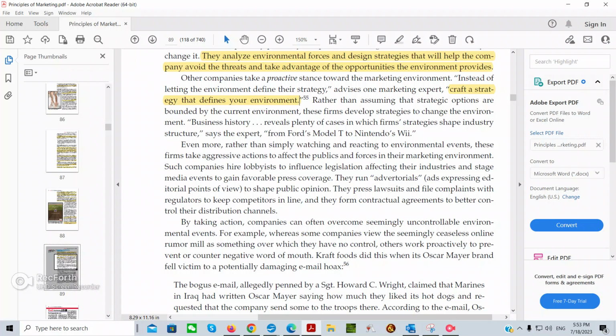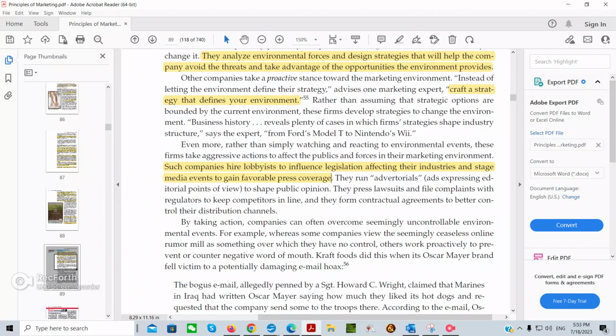Even more, rather than simply watching and reacting to environmental events, these firms take aggressive actions to affect the public environment, reinforcing their marketing environment. Such companies hire lobbyists to influence legislation affecting their industries and stage media events to gain favorable press coverage. That's your PR.